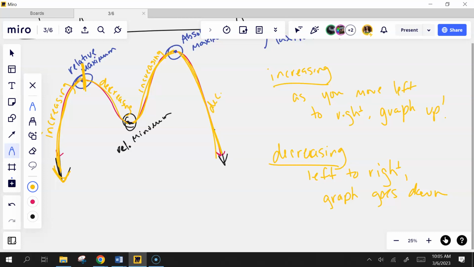It's a very easy concept. We're fixing to crank it up just a little bit and start naming these intervals. But for right now, I just want you to be able to identify them. Do you see how we identify maxes, mins, increasing, decreasing? Okay.